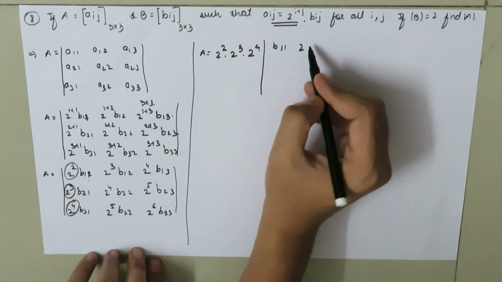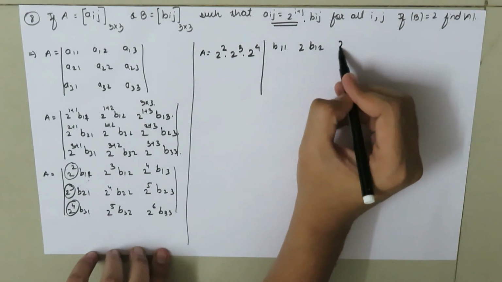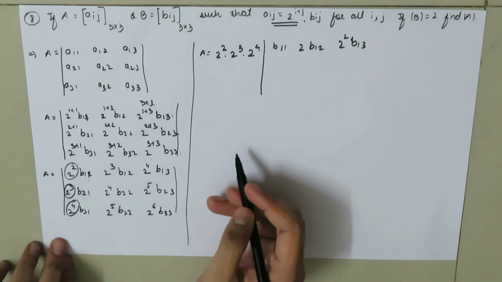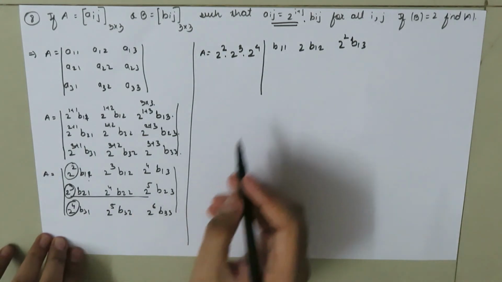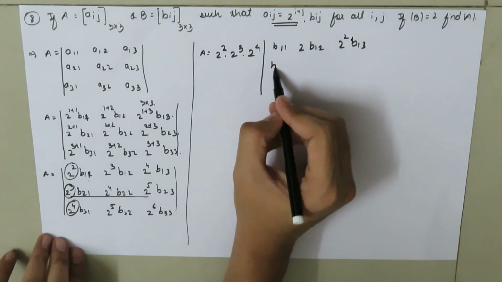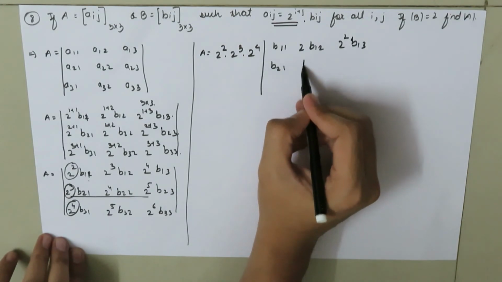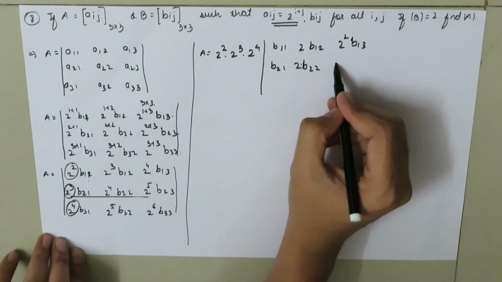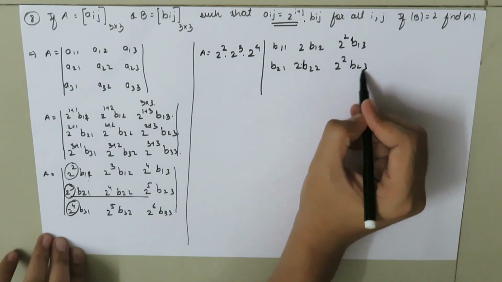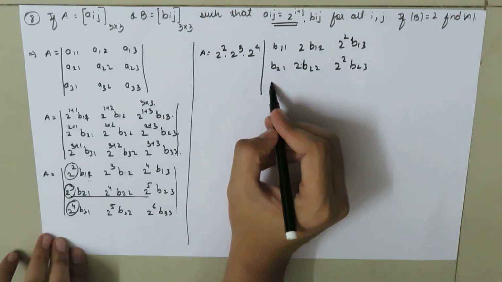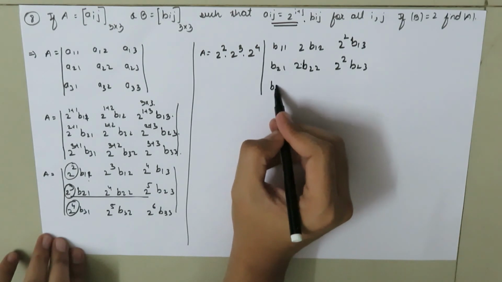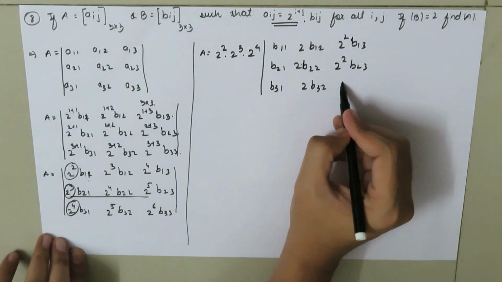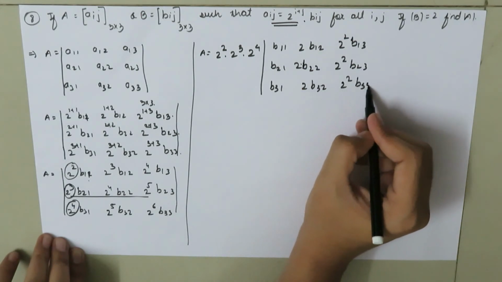So here we'll get 2 times B12 and 2 to the power 2 times B13. And from this row I have taken 2 to the power 3 outside, so we can write this as B21, 2 times B22, and this will be 2 to the power 2 B23. And here we have B31, 2 times B32, and this is 2 to the power 2 times B33.